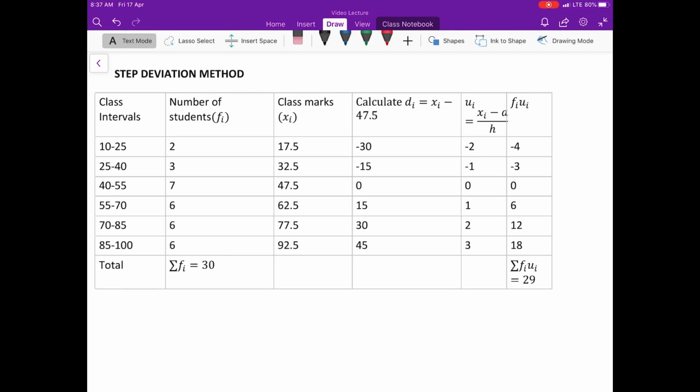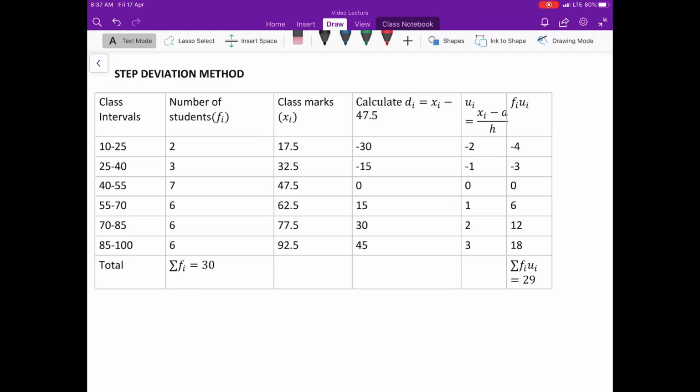Now we come to the third method, that is the step deviation method of finding mean of grouped data. Here we calculate another term apart from di, that is ui, and ui is equal to xi minus a, that is the assumed mean, divided by the height of the class, that is 15. In the class intervals the height of the class is 15.